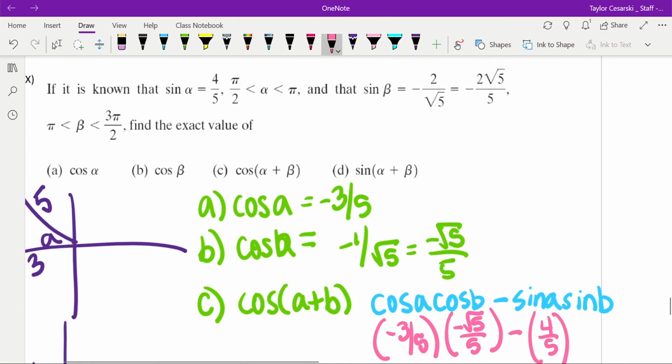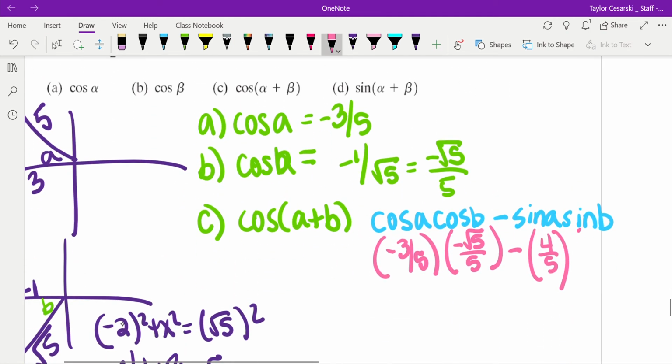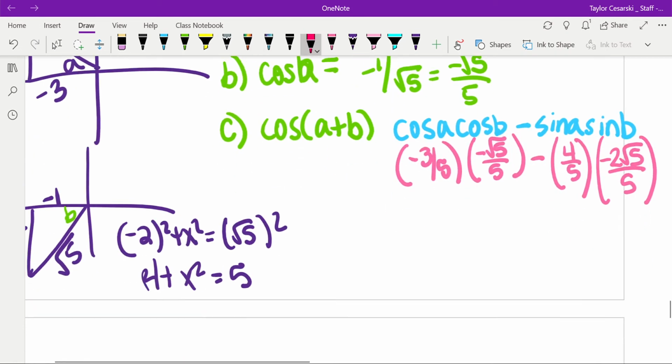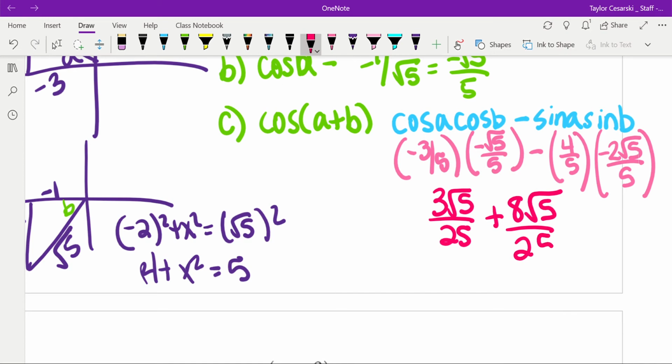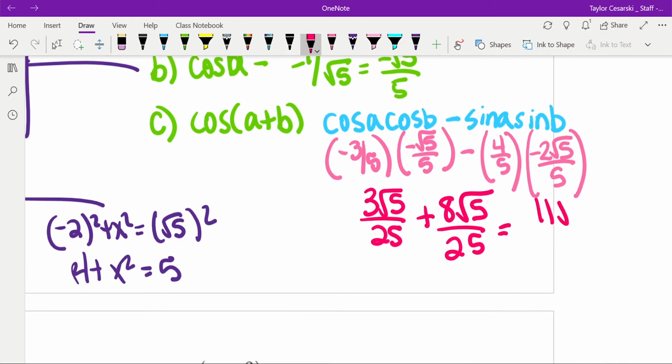And sine of B is negative 2 square root 5 over 5. I'm just using all the ones with the 5s on the bottom just to make my multiplication a little bit easier. So now I have negative times a negative, so that will give me 3 square root 5 over 25. And then positive, so plus 8 square root 5 over 25 equals 11 square root 5 over 25.